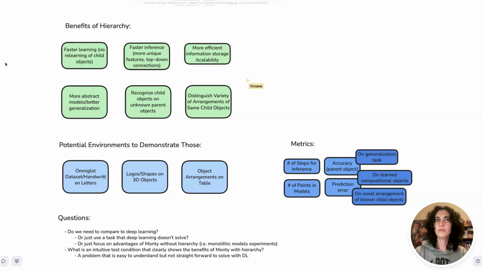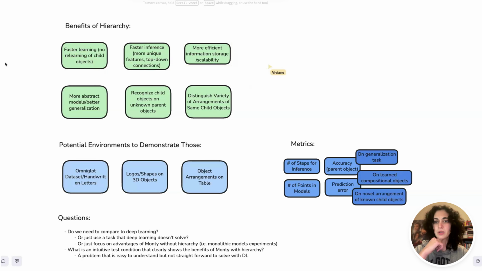Third, more efficient information storage and scalability. It relates to the faster learning as well. We often get the question of how scalable is Monty? Does it scale linearly with the number of objects?